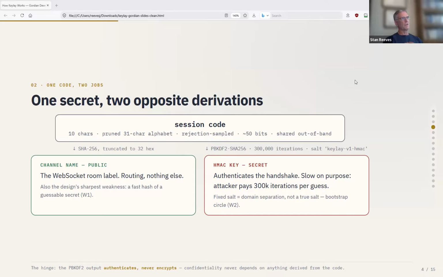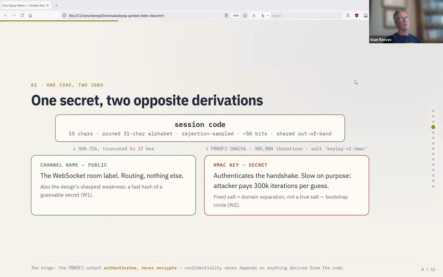So that session code is used in two ways. First of all, it's used to derive a name for a WebSocket channel through a hashing process. And then secondly, it's used to authenticate a handshake.